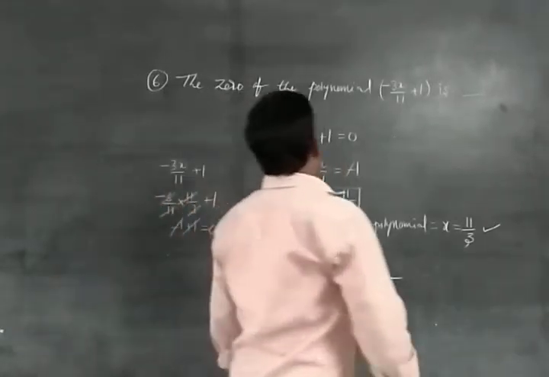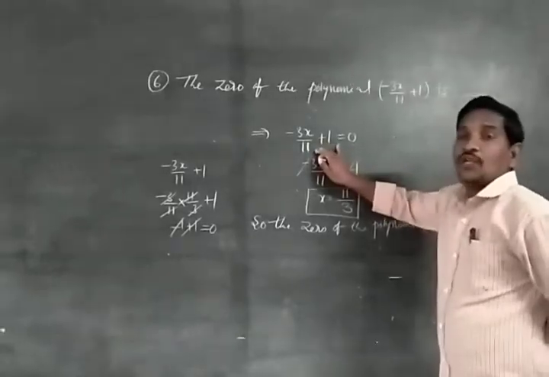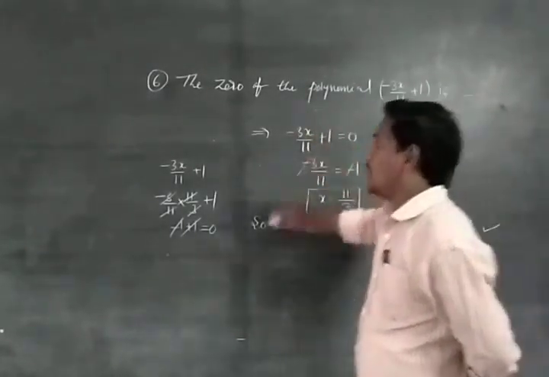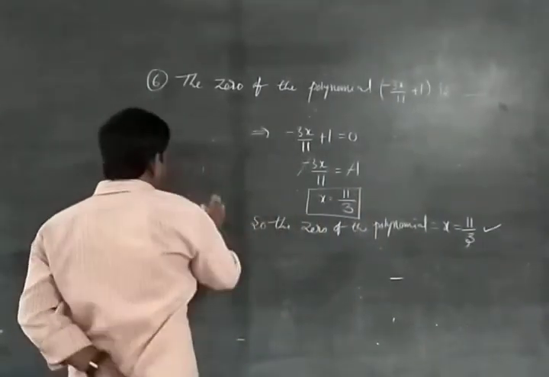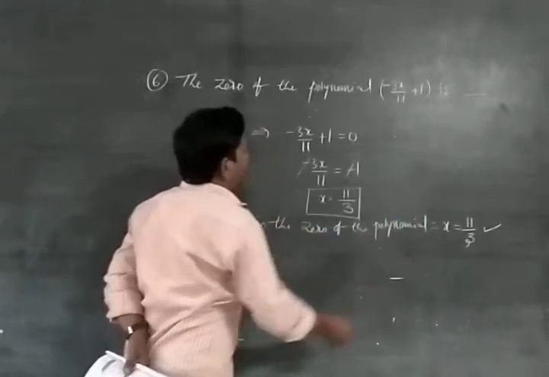So, actually what is meant by zero of the polynomial? For what value of x does the polynomial become 0? What value did we get? x equal to 11 by 3.